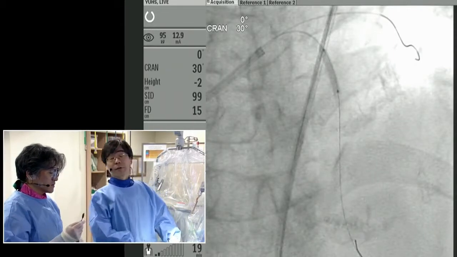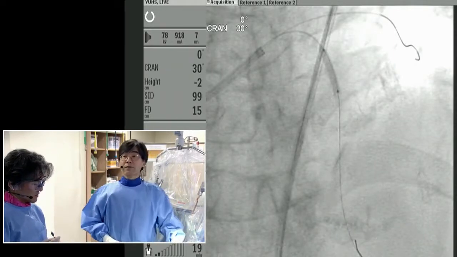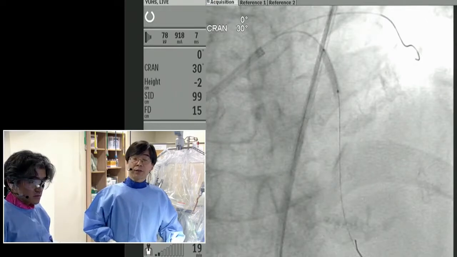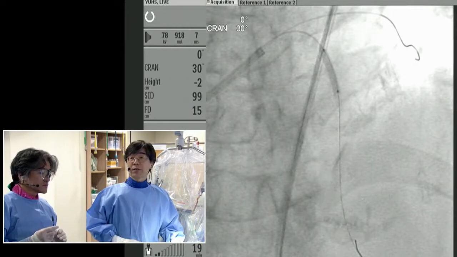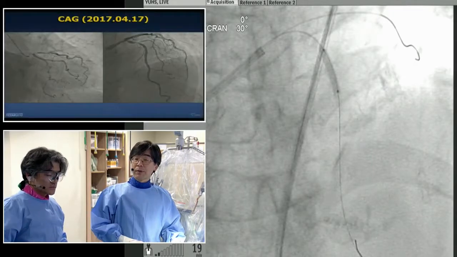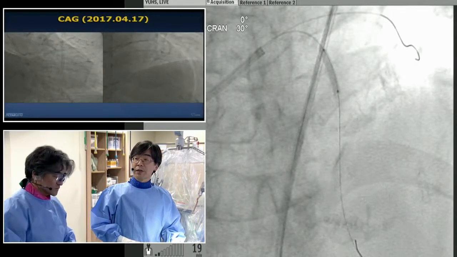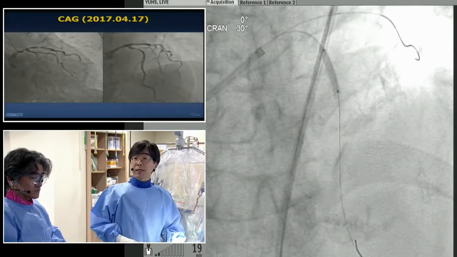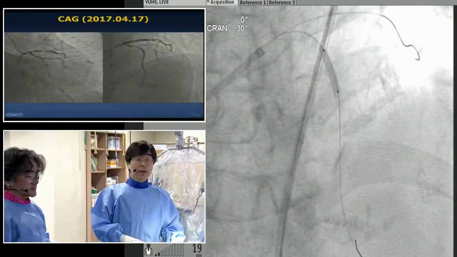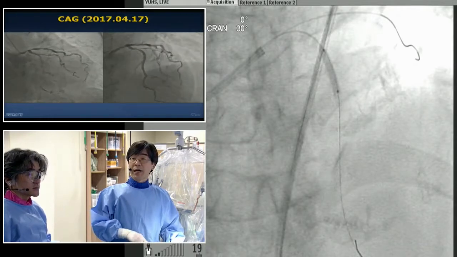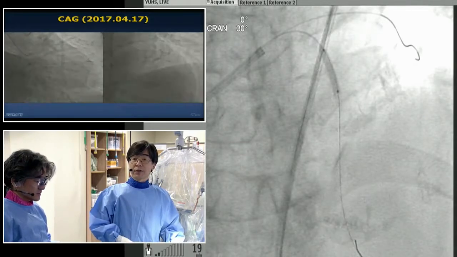First of all, based on the IVUS finding, the lumen area of the ostium of the circ is more than 5.0. It means that a simple stent crossover strategy is more adequate for this patient. There is some risk of compromise of the circ after the stent crossover. That is the reason why I already inserted the wire in the circ.